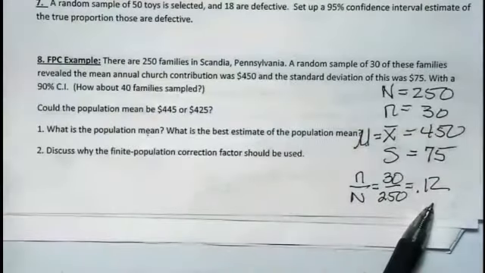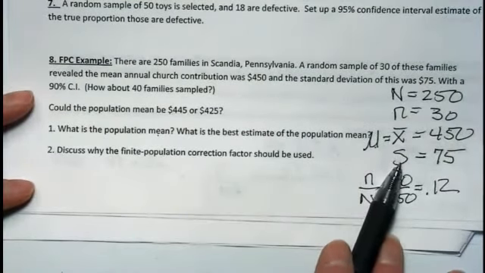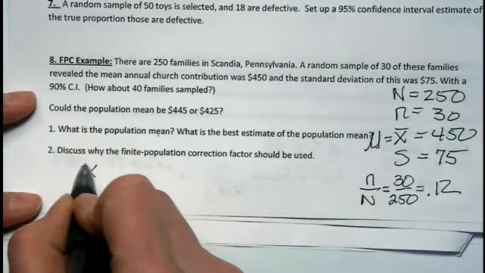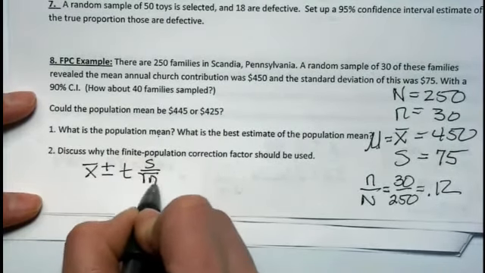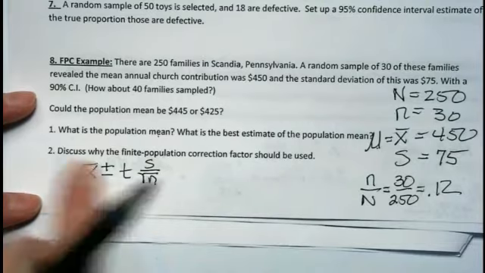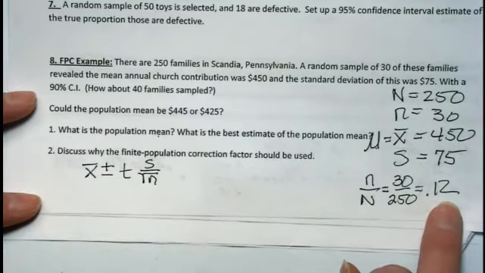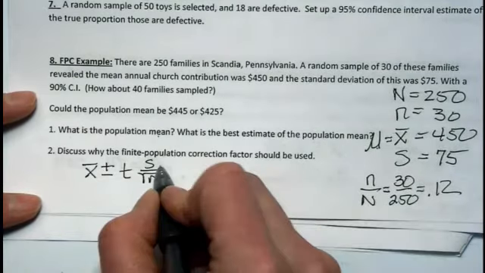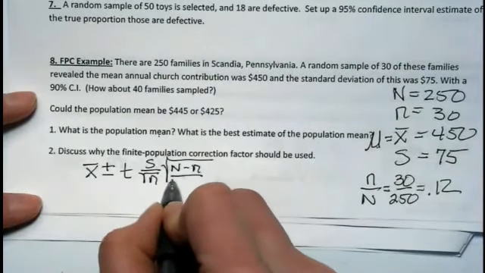We're at 12. So, since we have the sample standard deviation, we use a t-distribution. There's our confidence interval formula. But since we've sampled 12% of the population, I am going to attach the FPC.